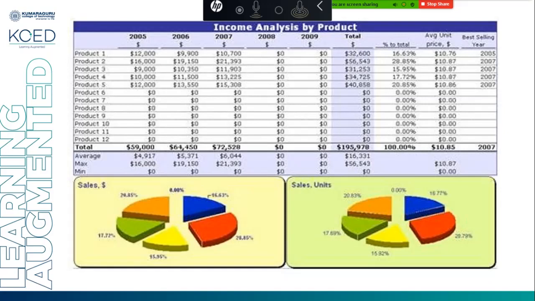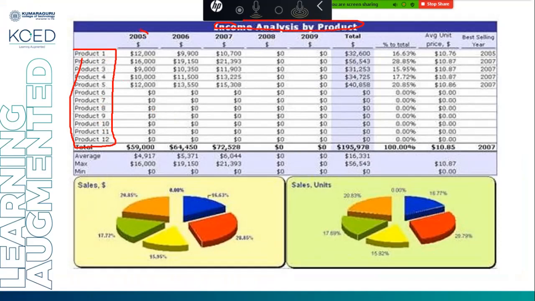Next, see the diagram. This diagram is an income analysis by product. Every row is a product. We have 12 products.